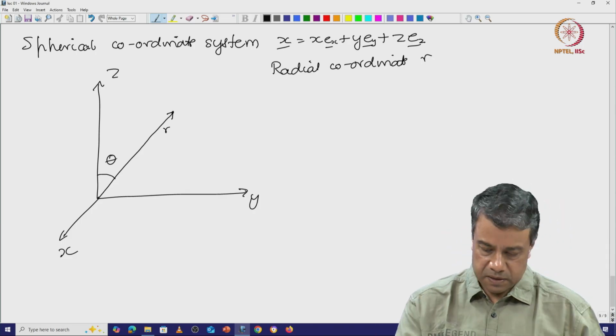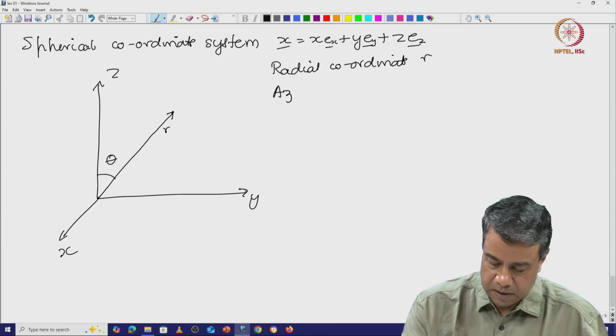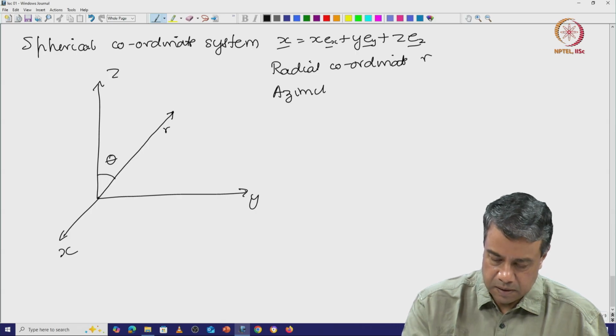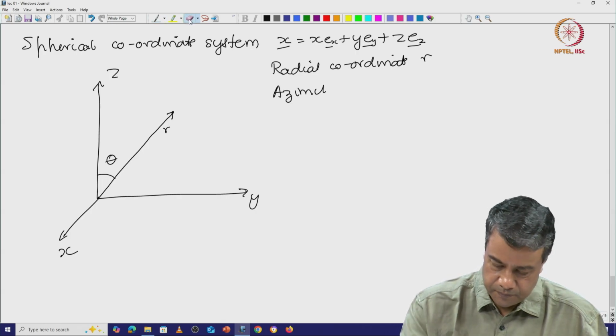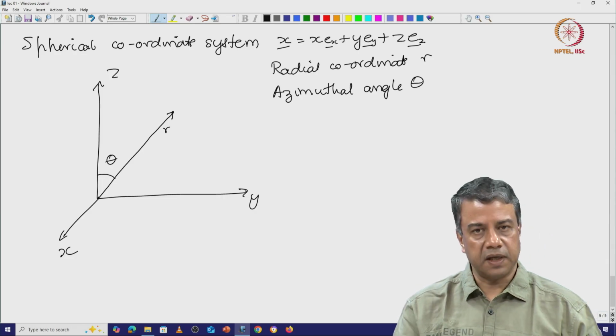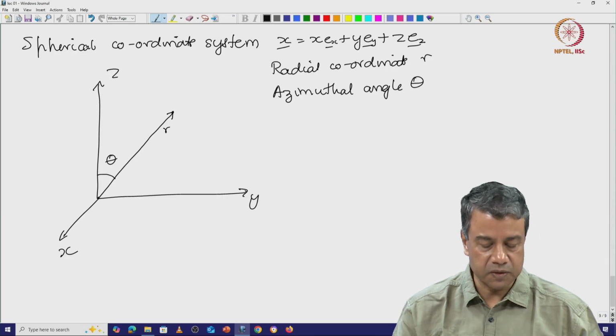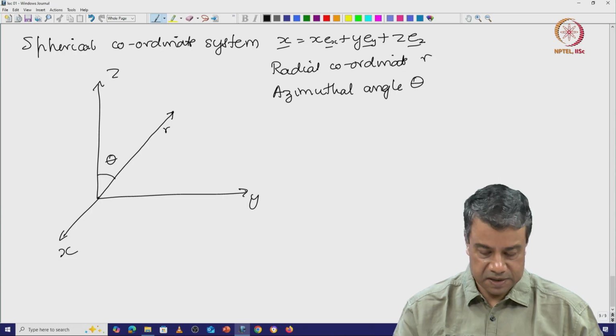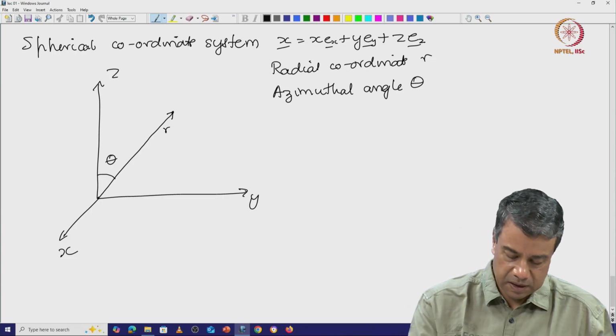This is what is called the azimuthal angle, theta.